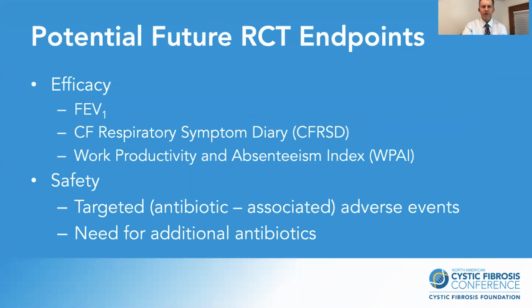We will also collect information on potential future endpoints for the randomized controlled trial, including FEV1, symptom score, and treatment burden, or burden of the respiratory illness. We'll collect safety data, including antibiotic-associated adverse events, as well as the need for additional antibiotics.